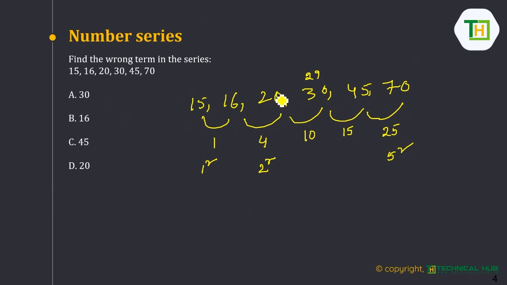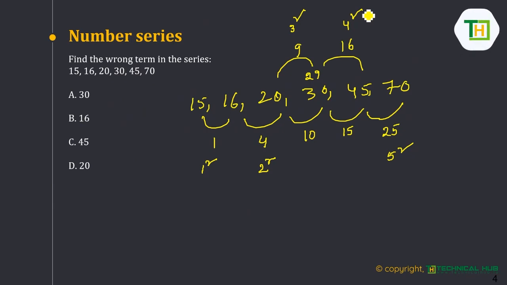So this one, suppose 30 replaces 29. What is the difference here? 20 and 29 difference is 9 and 29 and 45 difference is 16. So 9 means 3 square, 16 means 4 square. If you observe the differences, all are square numbers.